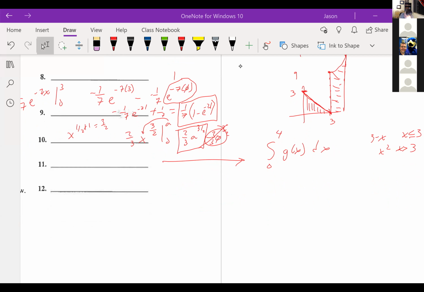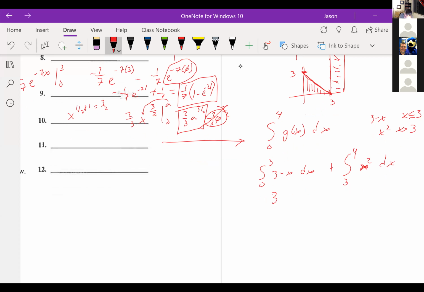Okay, so the integral from 0 to 3 of 3 minus x dx plus the integral from 3 to 4 of x squared dx. So this is going to be 3x minus x squared from 0 to 3 plus x squared is x cubed over 3 from 3 to 4. So plug in 3. I get 3 times 3 minus 3 squared. Well, that goes to 0.